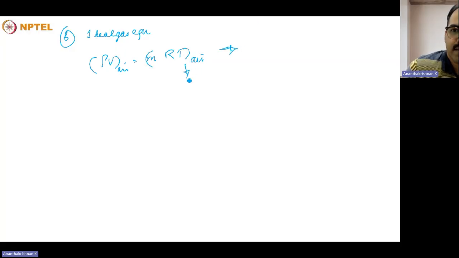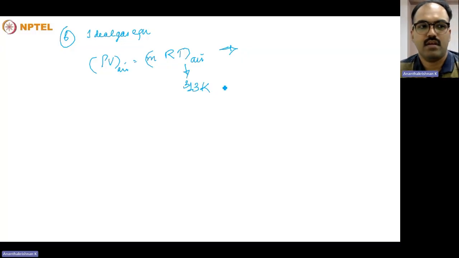In this case, using the ideal gas equation, the PV of air will be equal to mass flow rate m air into R into T of air. So in the condenser, temperature will be equal to 40 degrees Celsius, so that will be equal to 313 Kelvin.